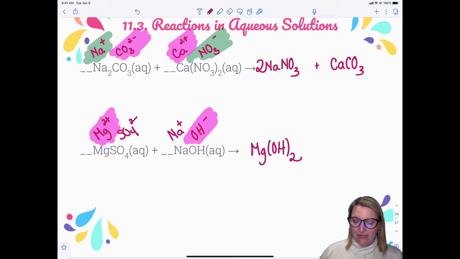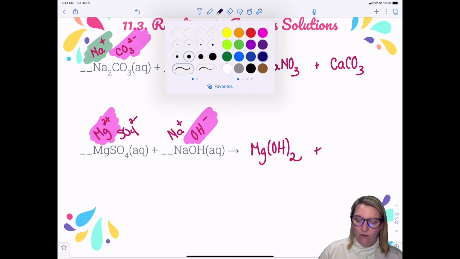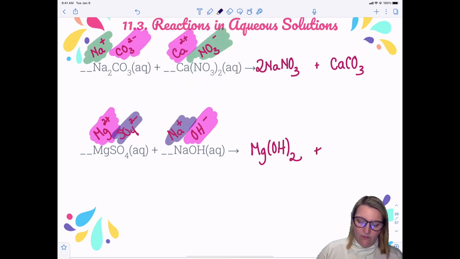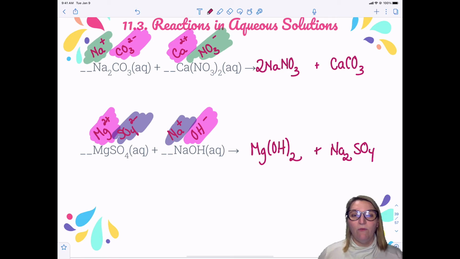So this is going to make magnesium hydroxide, and the other compound that will be formed is sodium sulfate. Again, crisscross the charges, Na2SO4. Now that I have the products, I can balance. I'm going to need to put a 2 here to balance out my sodium and my hydroxide. So that's how we predict the products and then balance.